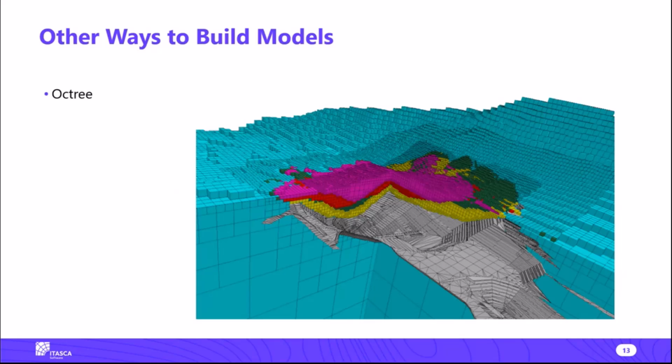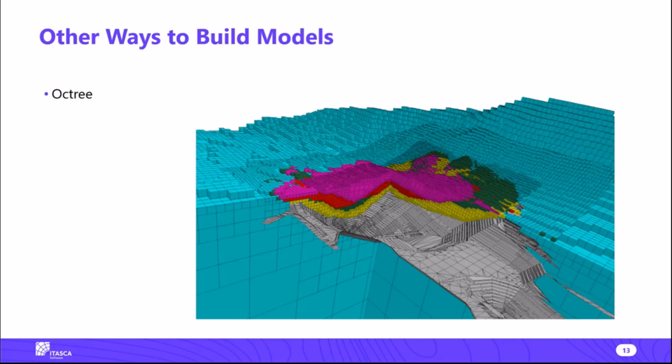Another thing that people often do is what we call here an octree model. So again, you would start with importing some sort of geometric surface, and then what you do is you densify the blocks close to the surface, and then you do this iteratively. So you have smaller and smaller blocks close to the surface, and then bigger blocks away from the surface.